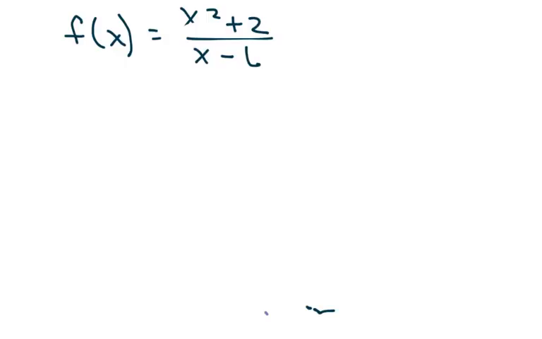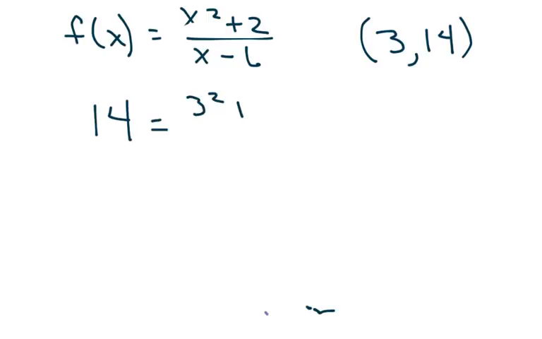So the first question is whether 3, 14 is on the graph. So all we're going to do, like last time, is ask: does 14 equal 3 squared plus 2 over 3 minus 6?